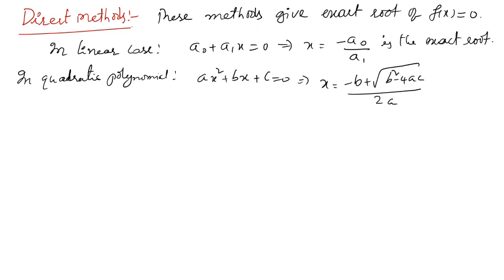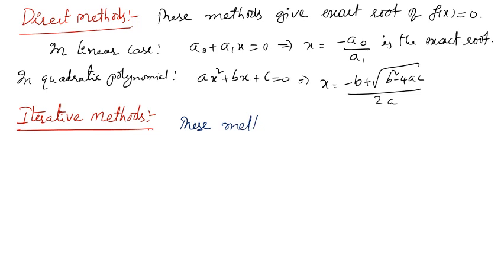Next, if I go for iterative methods, these methods are based on successive approximations. What is meant by successive approximation? Assume initially one approximation, then improve it by taking more iterations.